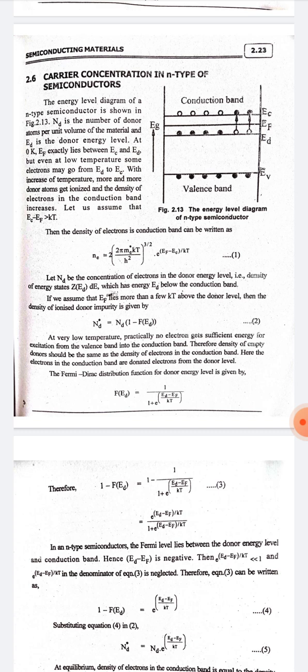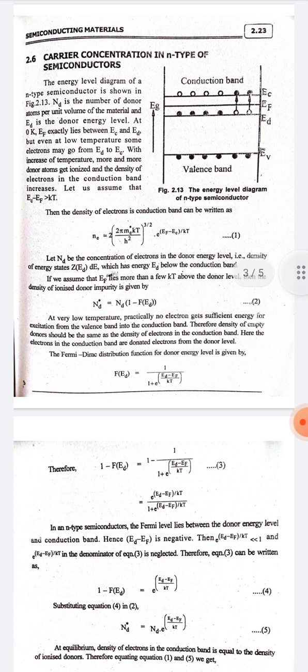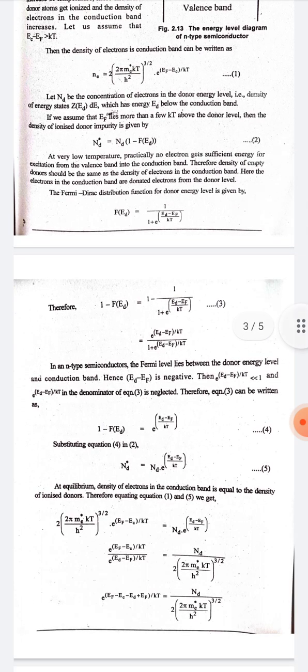Here Ed minus Ef is negative, so exponential of (Ed minus Ef) by kT is much lesser than 1. So in the equation we can neglect the exponential of (Ed minus Ef) by kT in the denominator.